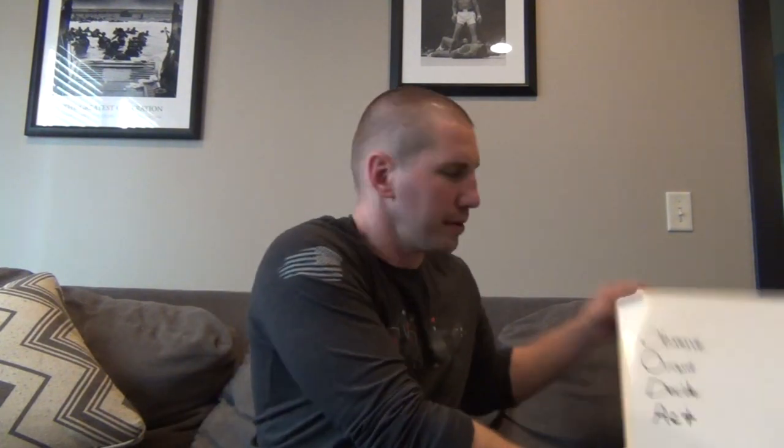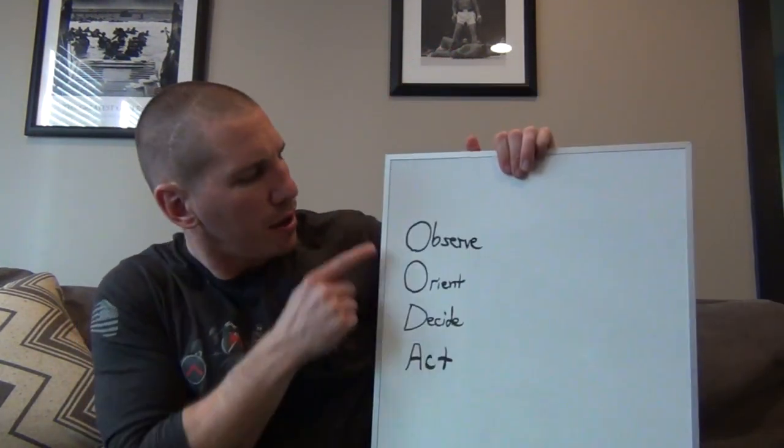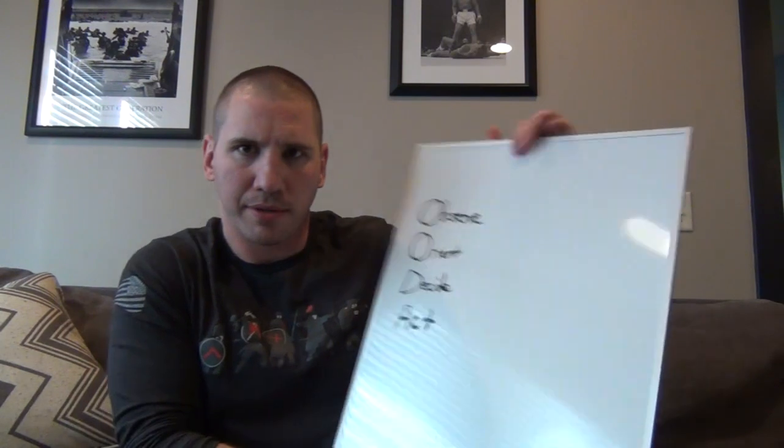All right. So what are OODA loops? OODA is an acronym. It stands for Observe, Orient, Decide, and Act. Basically, this concept was created by an Air Force colonel and military strategist named John Boyd.